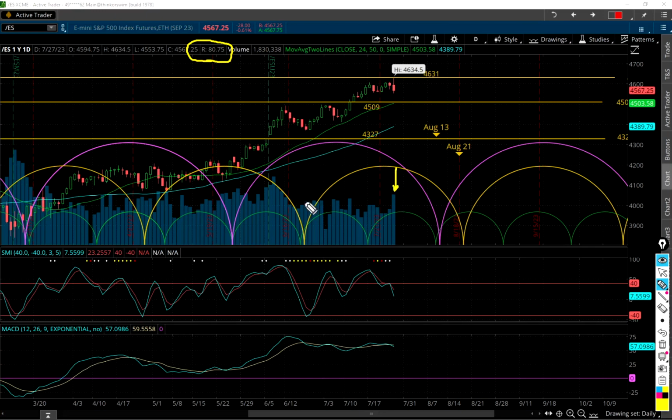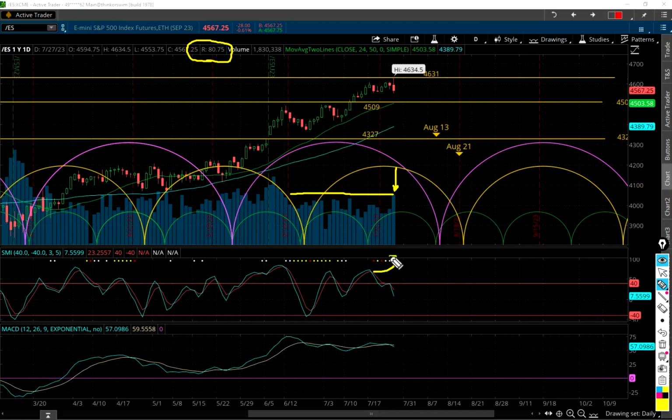It's some of the highest volume we've had in more than a month, all the way back to around June 12th. So it's been a month and a half. This is the highest volume day we've had in a month and a half. The range is 80.75, which is more than double all these days for the last week and a half. So this one candlestick tells us a lot.